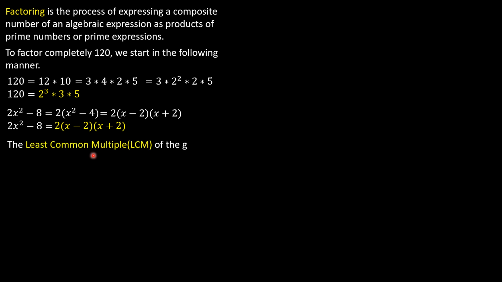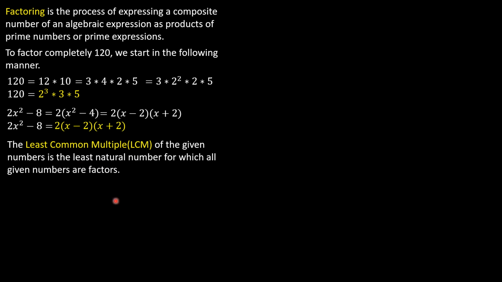The least common multiple or LCM of the given numbers is the least natural number for which all given numbers are factors. So for example, what are the multiples of 3? How about 8?